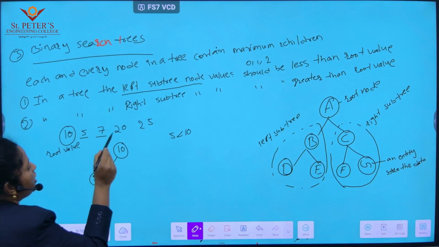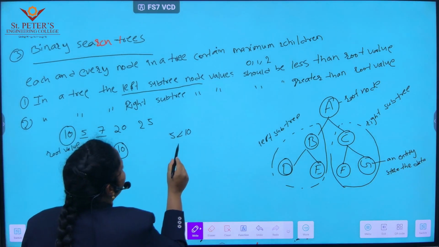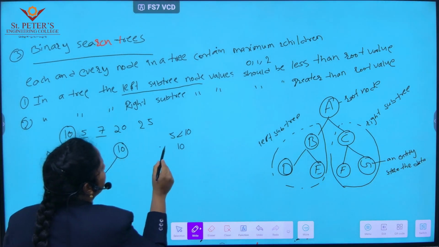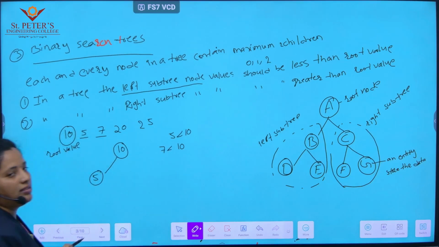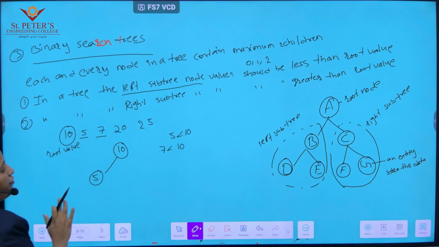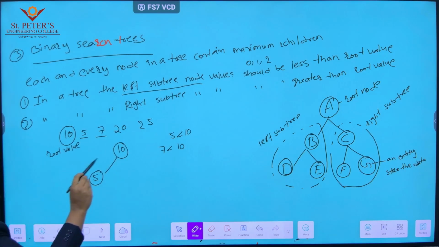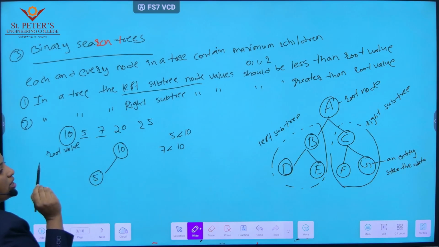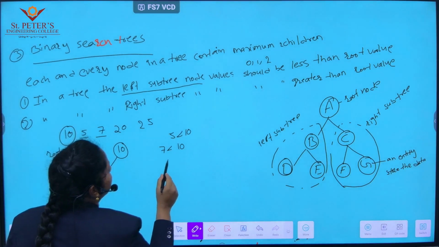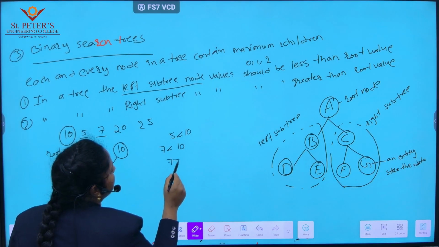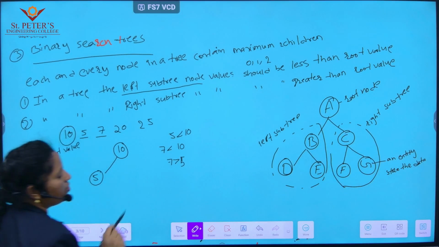Next value is 7. Compare this 7 with the root value. What is our root value? The root value is 10. 7 is less than 10. Less than means come to the left part of the tree. So in that left part, 5 is already there, and we need to compare this value with 5 also. 7 is greater than 5.